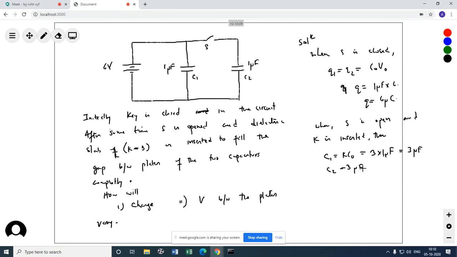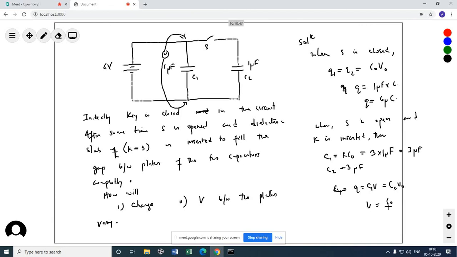Simple. Now both of them being equal, and they are in parallel combination. Parallel combination means if I put a voltmeter here, the voltage drop across these two will be the same, and we need to find that. I'll take C1. So Q would be again same way, C1 V equals C0 V0.